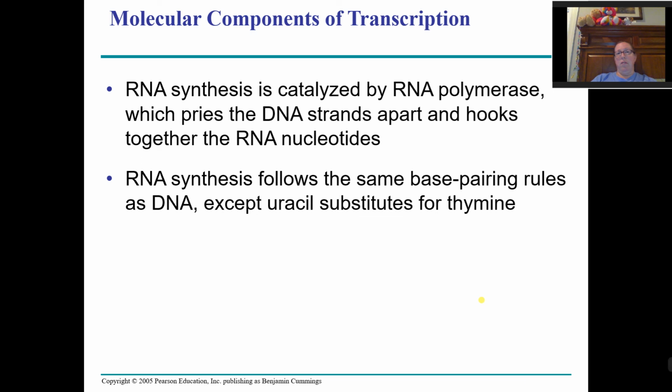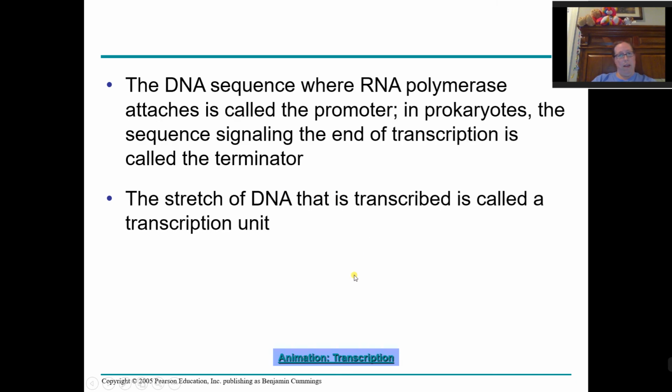All right, so this is going to get into details on transcription. A lot of this makes sense, right? If you're making RNA, are you going to use a DNA polymerase? No, you're going to use an RNA polymerase, and the same rules exist except for that U and T. There is no U in RNA.